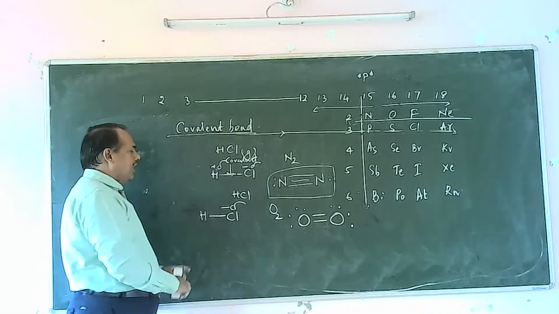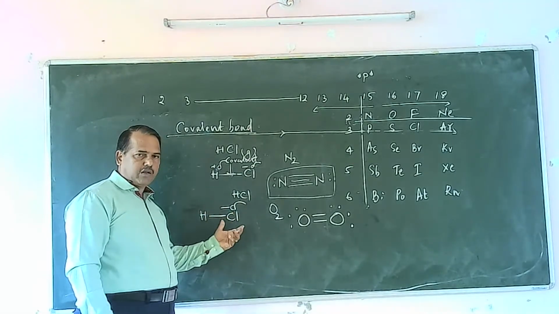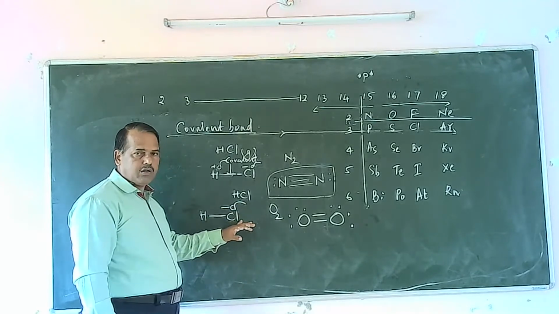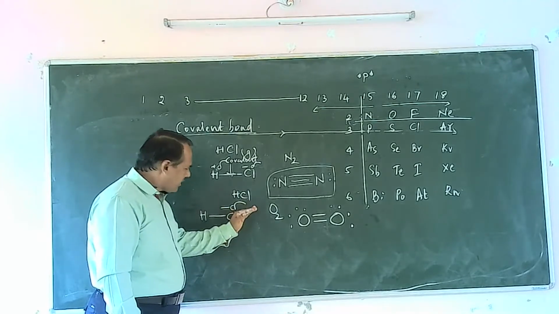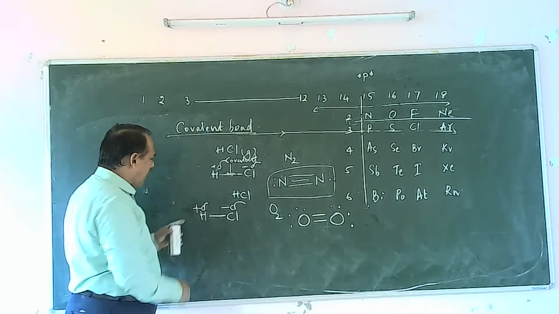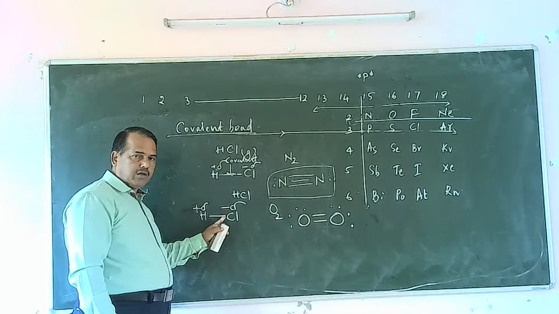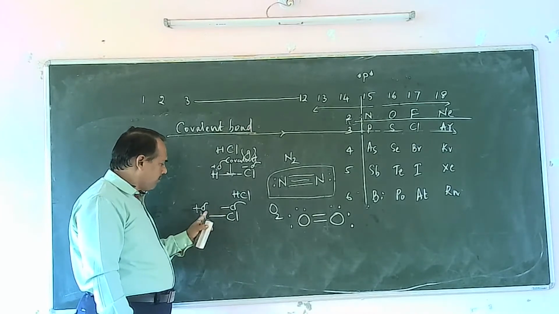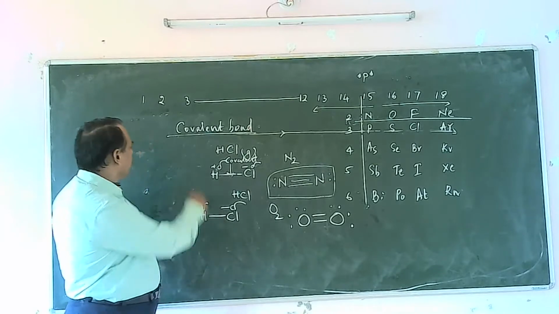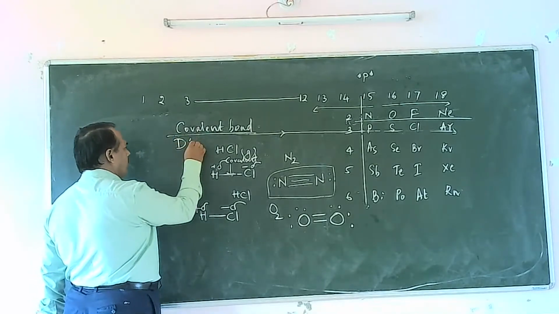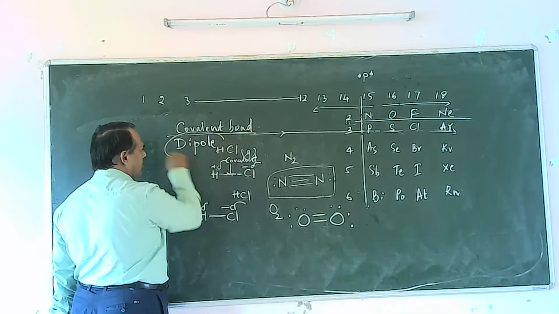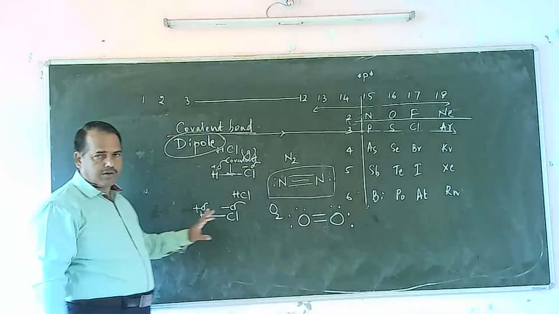This difference is due to the electronegativity difference between the two atoms. As electronegativity is more towards chlorine, the electron cloud is attracted towards it and the other end is partially positive. And we can find a dipole moment here. You have to study this in covalent bond. You have already studied it in university. What do you mean by dipole moment?